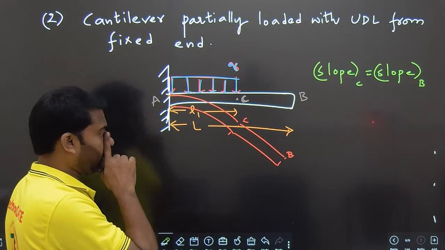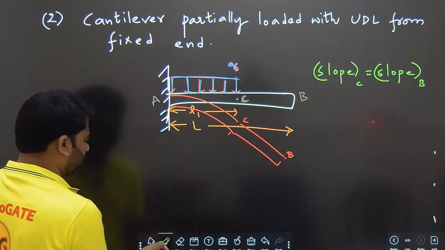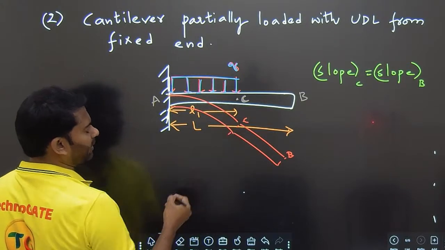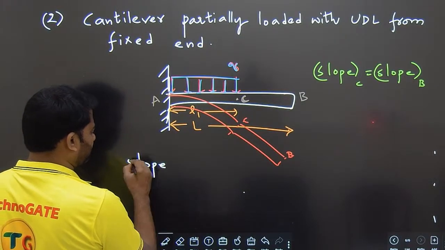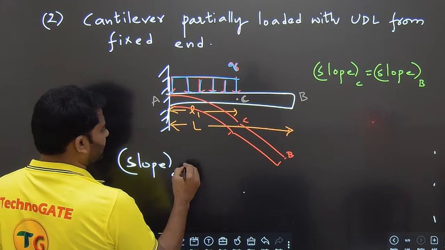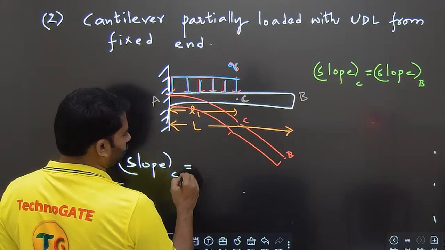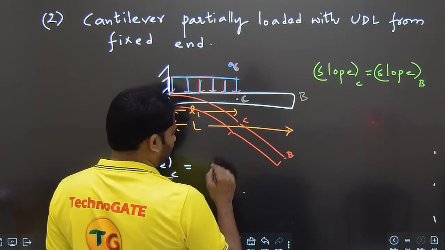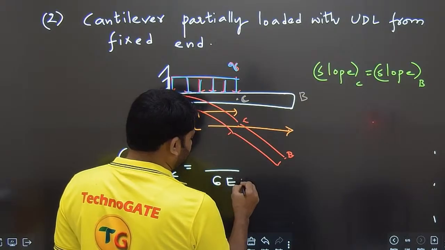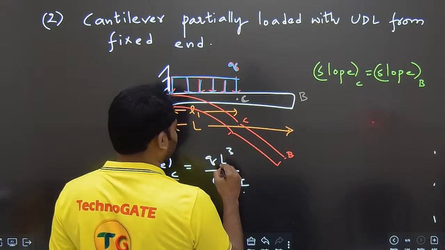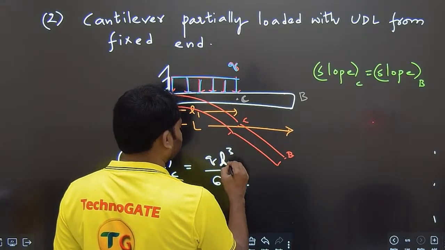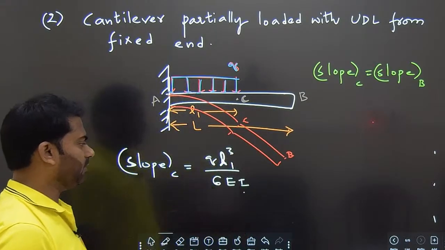Clear? Okay. So first of all, let's write down the formula for slope at C and deflection at C. Slope at C, if you remember the formula, slope at C magnitude is equal to QL1 power 3 by 6EI.